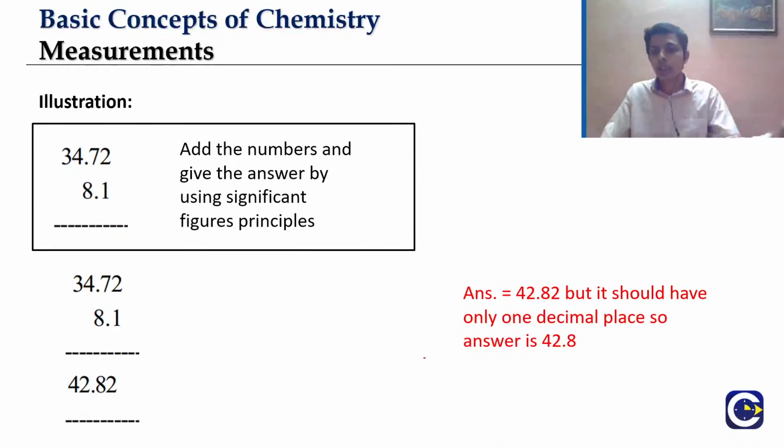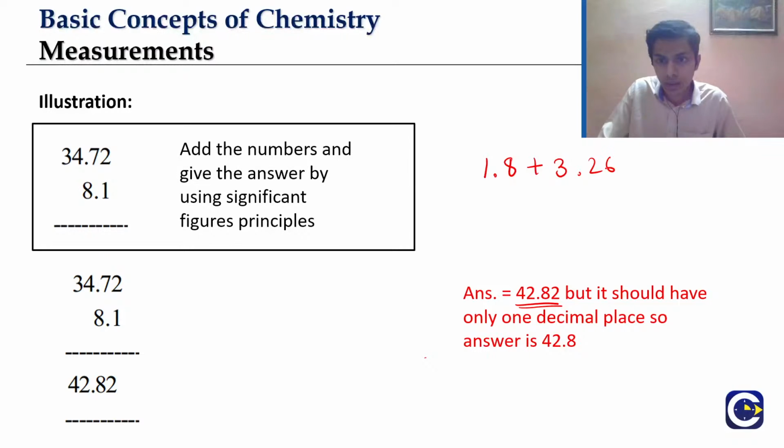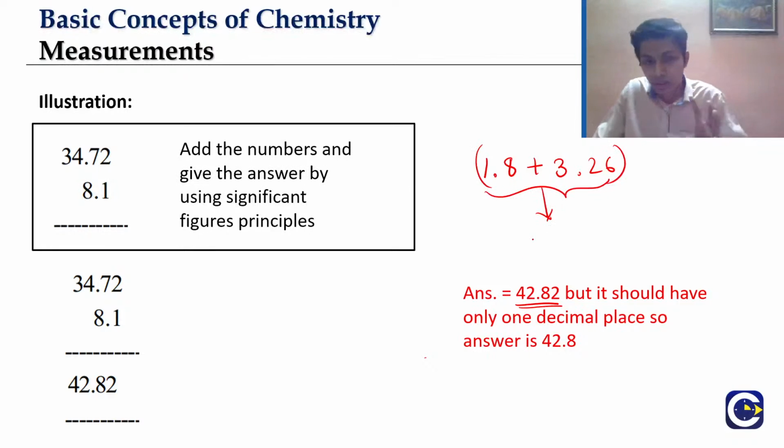One more thing you all should note down over here. Even when you are doing normal calculation, take care of significant figures. For example, 1.8 plus 3.26, when you are adding this, take care of significant figures.